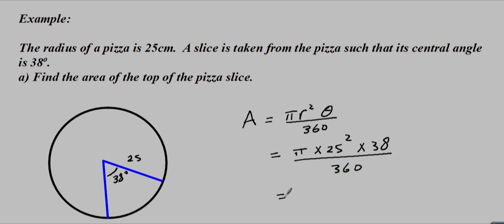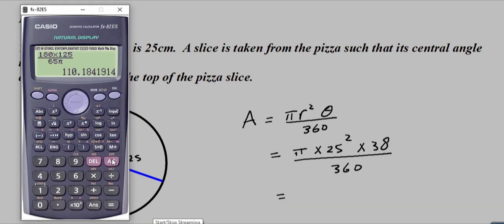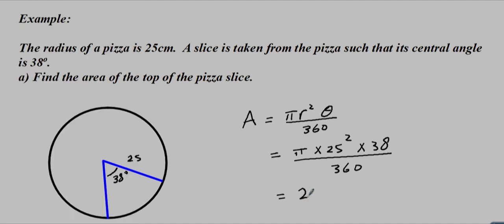and this equals pi times 25 squared times 38 divided by 360, and this is 207.26 square centimeters.